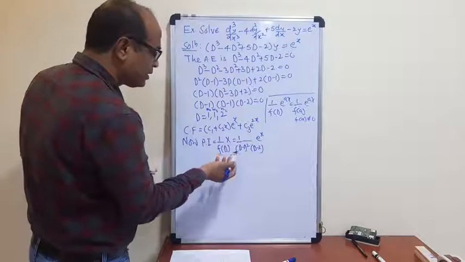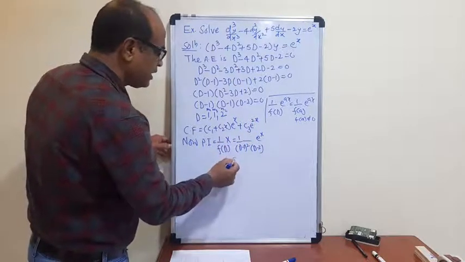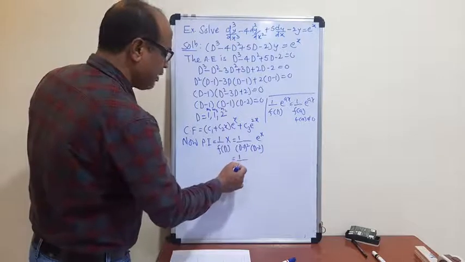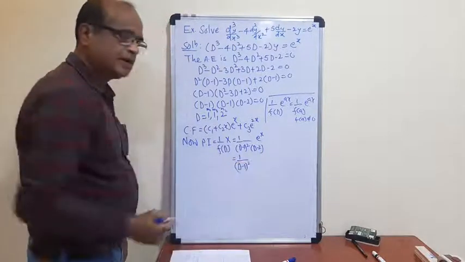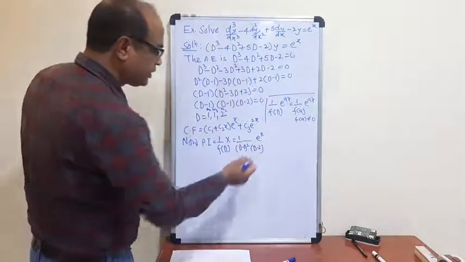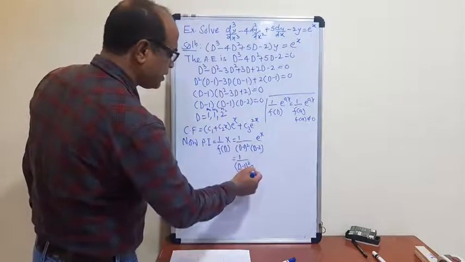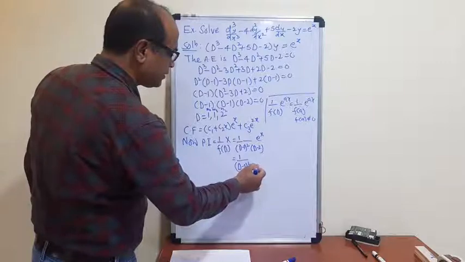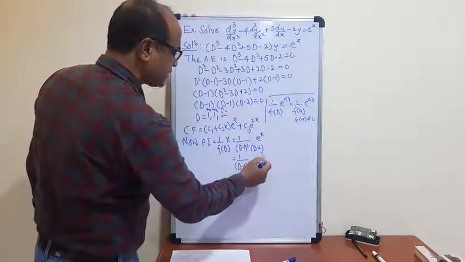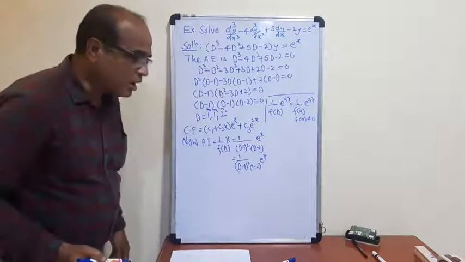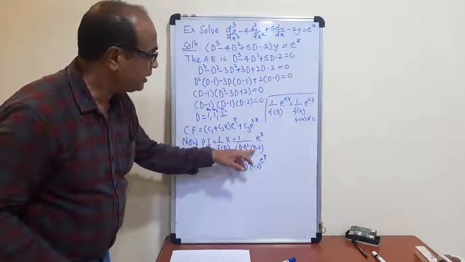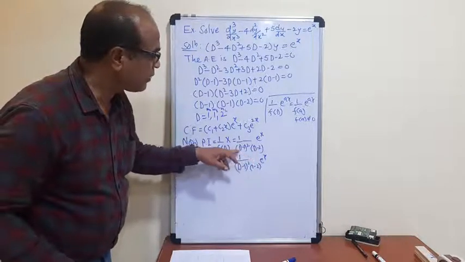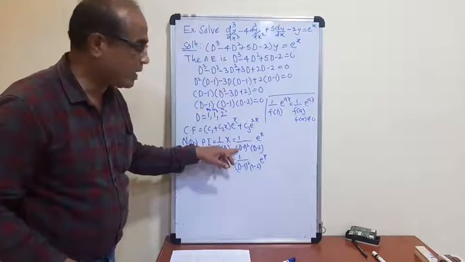So this equals 1 upon (D minus 1) bracket square, and put D is equal to 1 in the other factor, that is 1 upon (1 minus 2), e raised to x. Why are we not putting D is equal to 1 in this factor too?